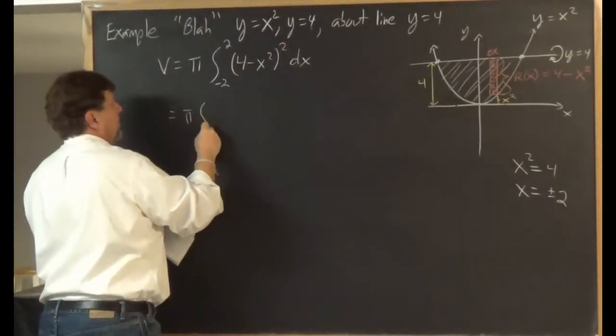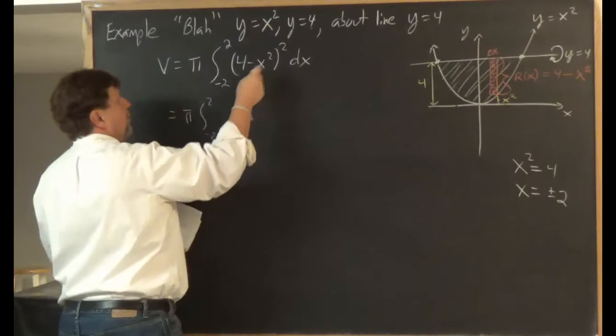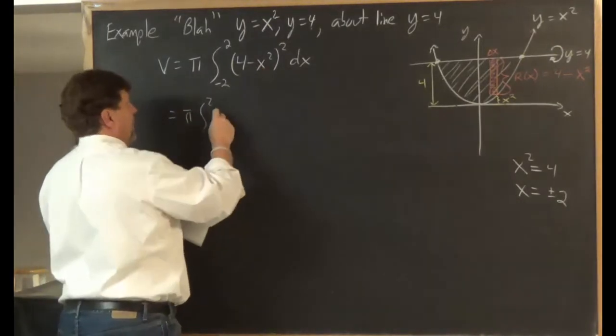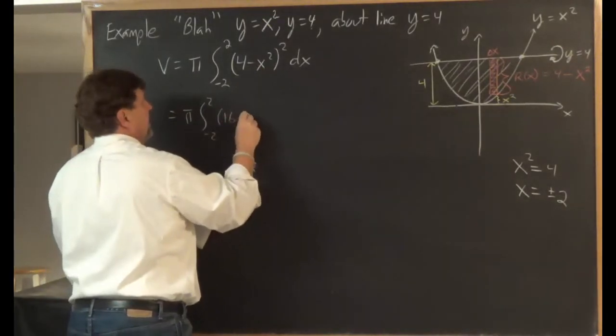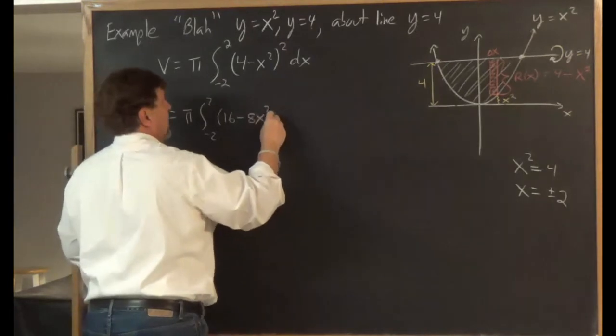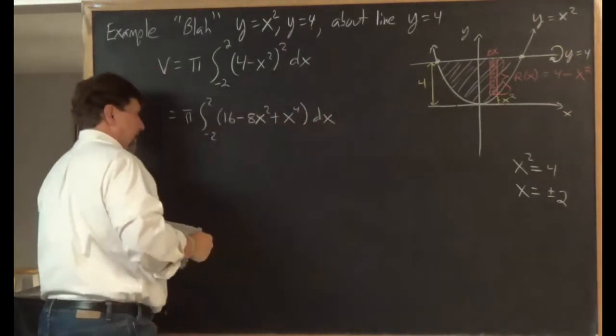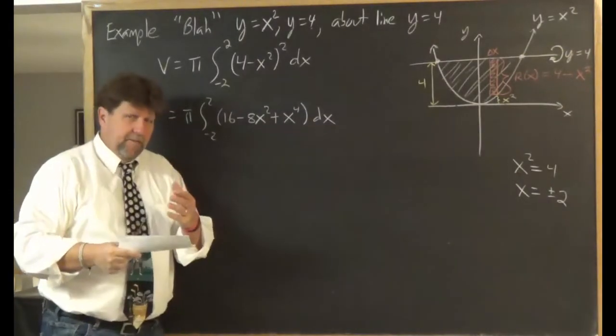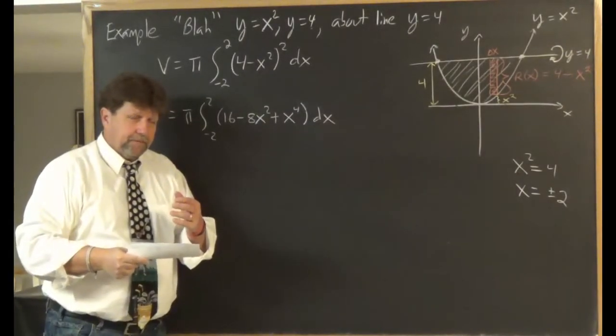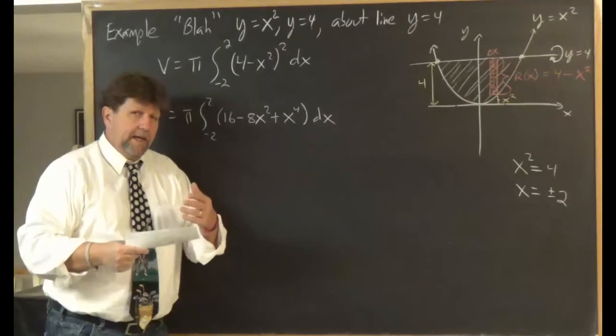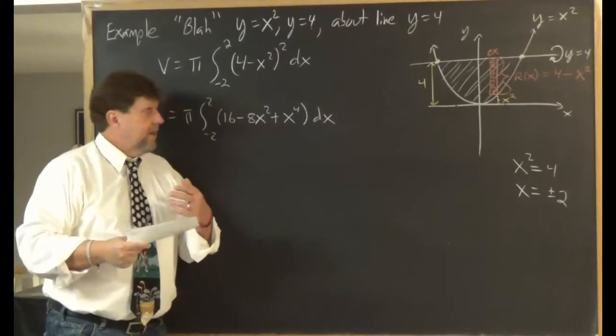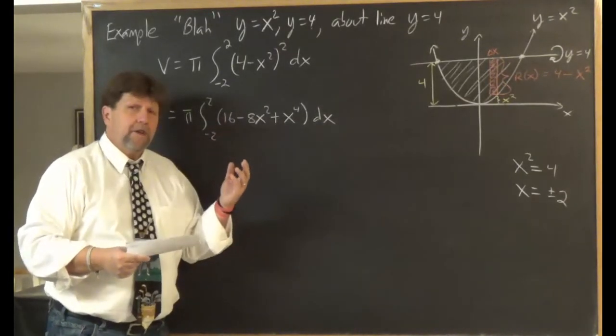Let me keep moving on here. Take 4 minus x squared and you square that. You get 16 minus 8x squared plus x to the 4th dx. And let me just stop right here and say I could take advantage of the fact that we have an even function here.